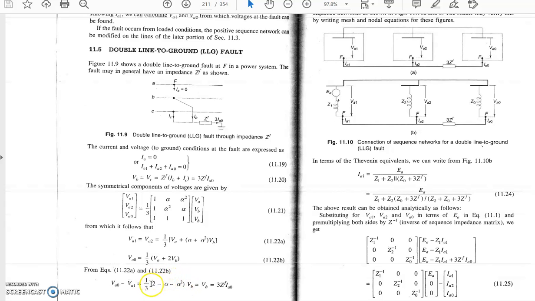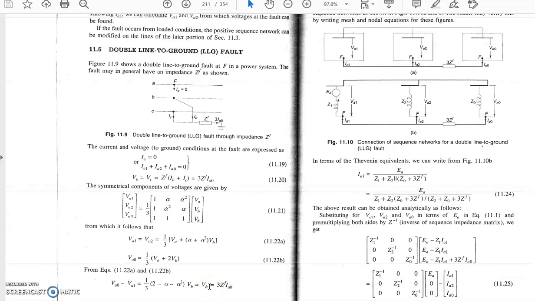Since 1 plus alpha plus alpha square is equal to 0, alpha plus alpha square becomes minus 1, so minus becomes plus. So 2 plus 1 is equal to 3, and the 3 cancels out. So VA0 minus VA1 is equal to VB.